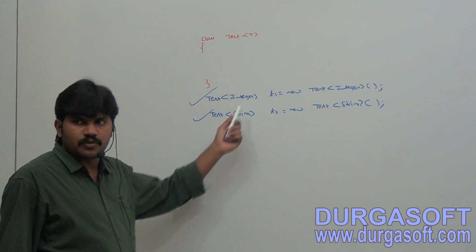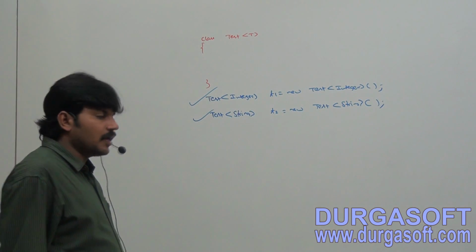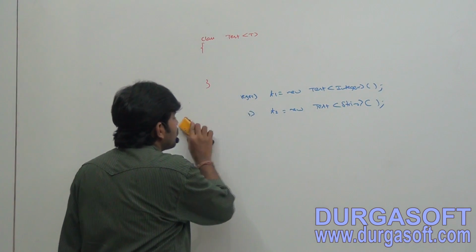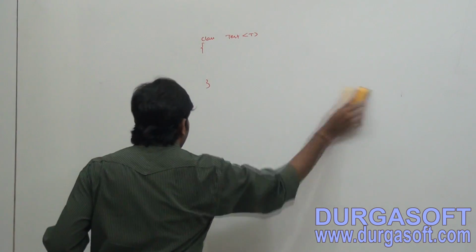Any explanation required about this one? Observe this one: it is an unbounded type anyway.